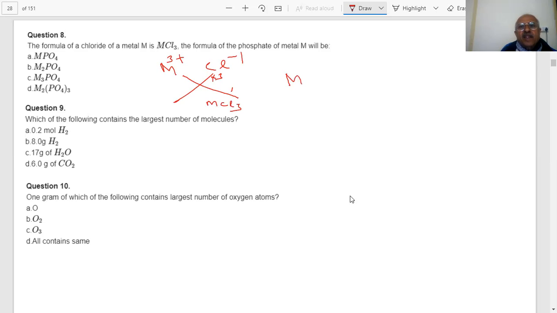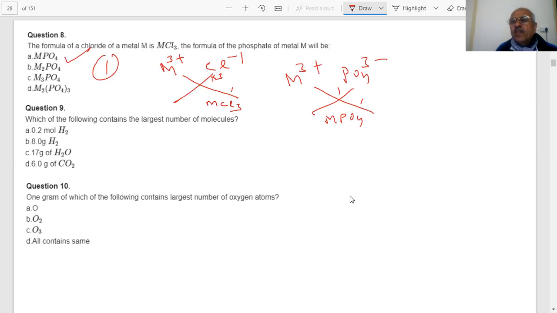If metal is 3 plus and phosphate is 3 minus, then the formula will be 1 into 1, MPO4. That is the correct answer, students. So you can apply the crisscross method for finding the formula.